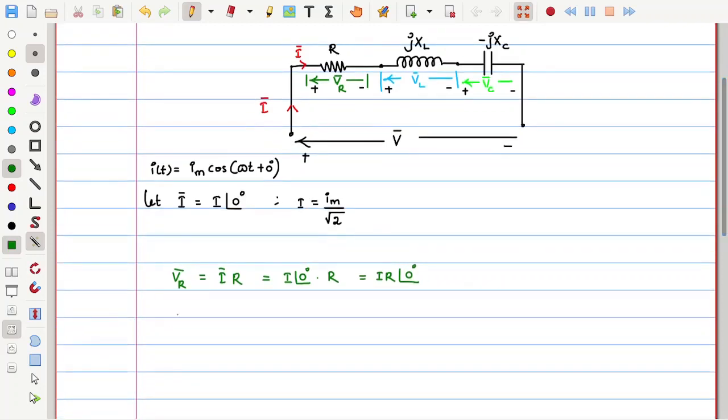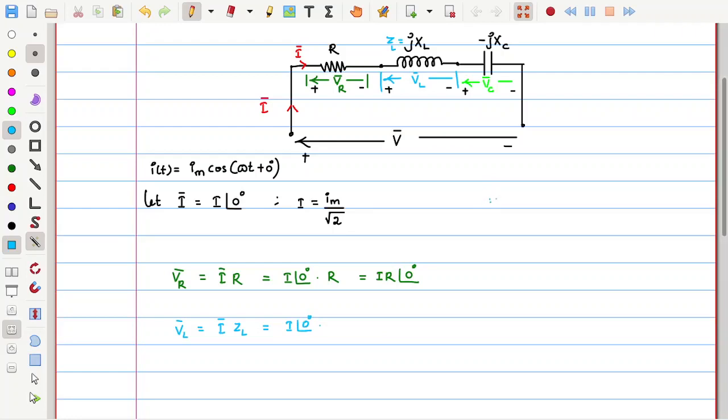Similarly, let us take the voltage across the inductor, VL bar. How do we find it? The same current also passes through the inductor, so I times its corresponding impedance. The impedance of this inductor is ZL, which is equal to jXL. So I can write this as I times ZL, which is I at an angle of 0 times ZL.